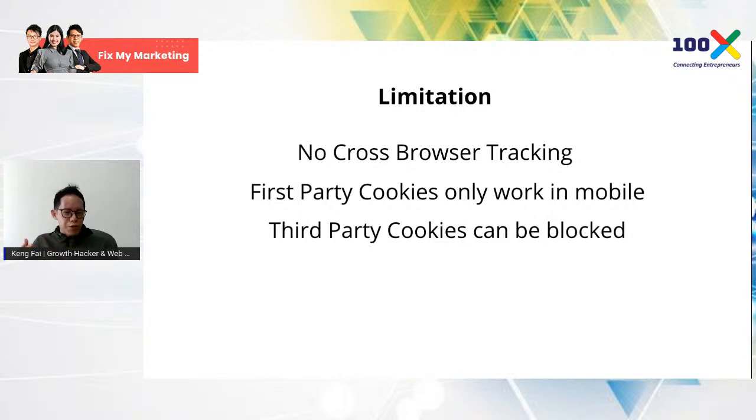We call this multi-touch points. Benjamin down there could be surfing on his phone with WhatsApp, and suddenly he drops his phone and goes to his browser on desktop, and the behavior could be different, but they are the same person. So first-party cookies only work within the same browser.